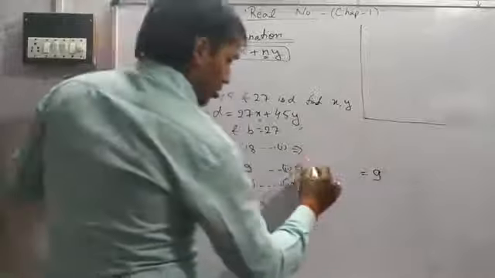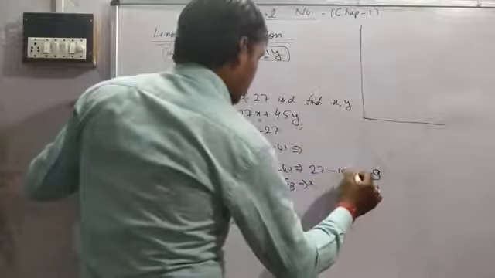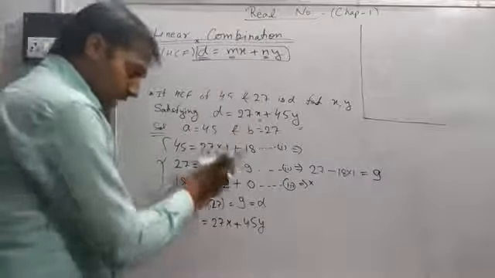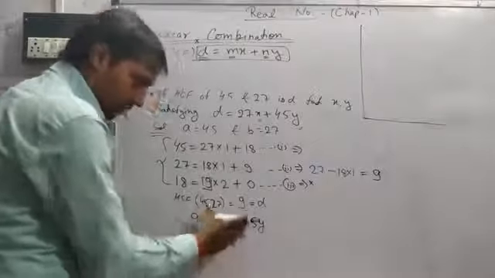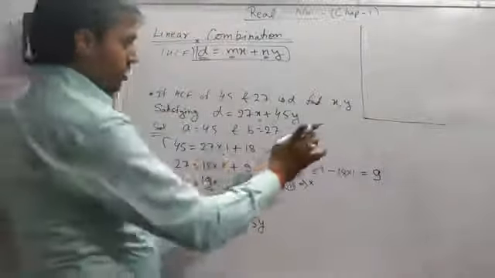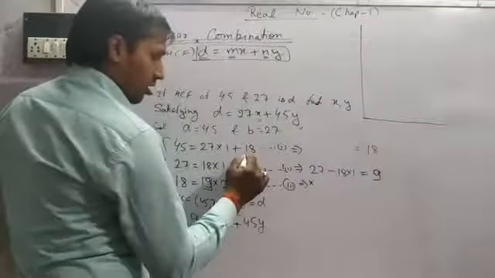So 27 minus 18 into 1. You have to write the down of the solution, but we have to show here for simple understanding for you. That is 18, here remainder is 18.